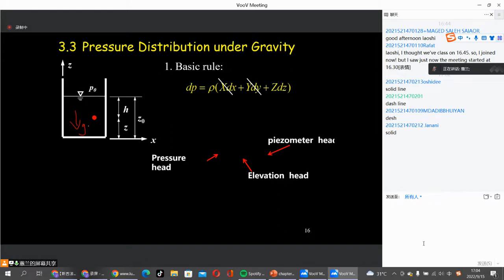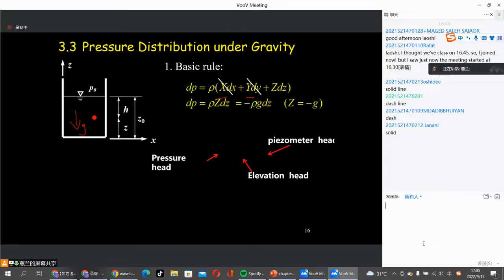The x and y components are equal to zero. There is no body force in the x or y direction. So we get dp equal to rho Z dz.